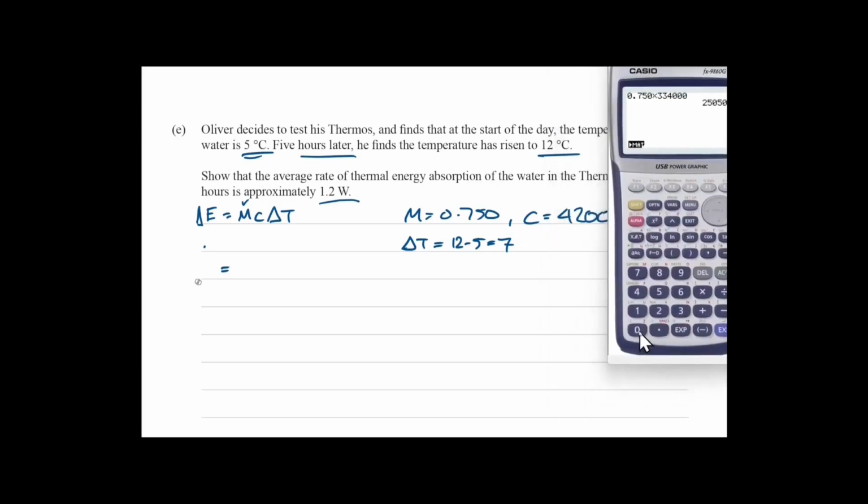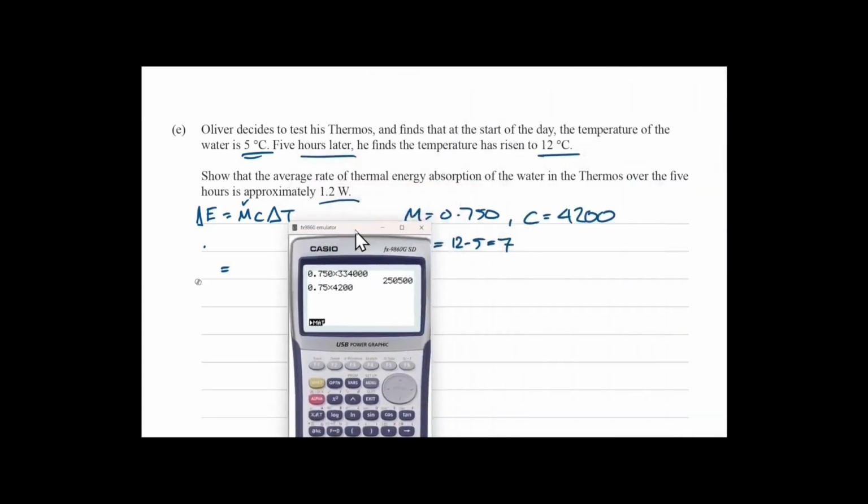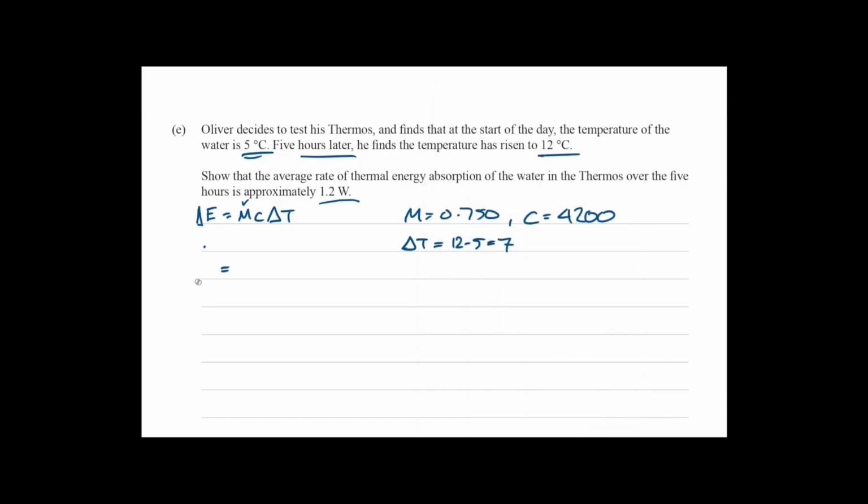So our mass is 0.75 times 4,200, times the change in temperature, which is 7 degrees, and we come up with 22,050 joules. Quite a bit.